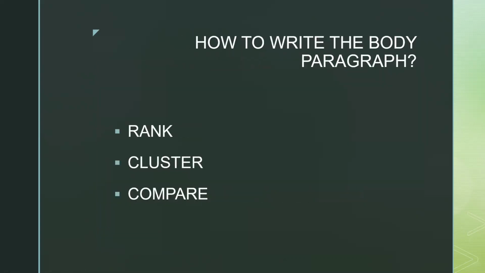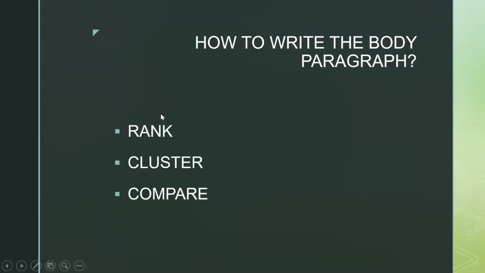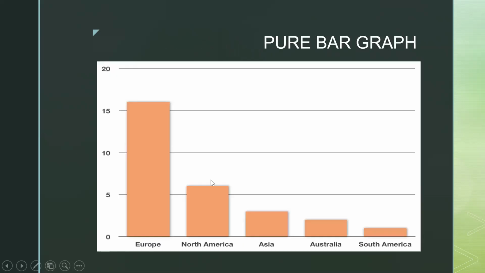How do you write your body paragraph for your pure bar graph? Basically, you're just going to rank first. If you're going to have the paper-based examination, it would be better if you write numbers here on the graph. You can write anything on your paper actually because you've paid for that. Here you need to start with the highest.